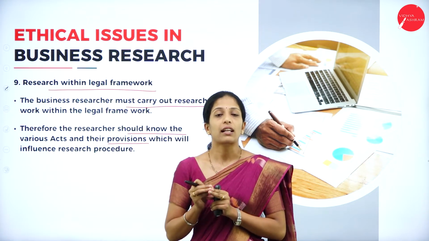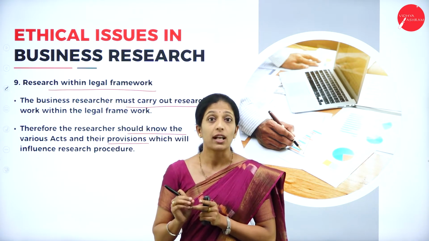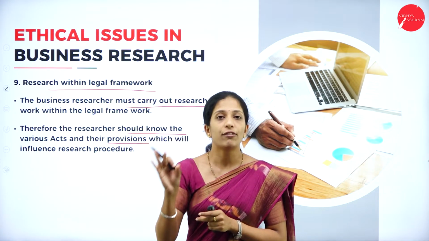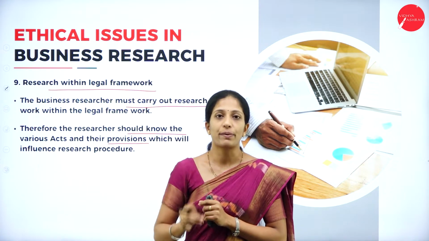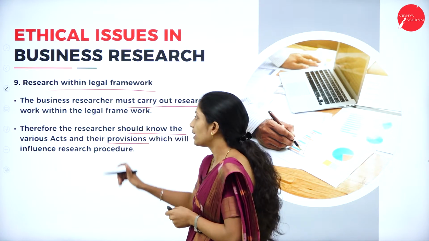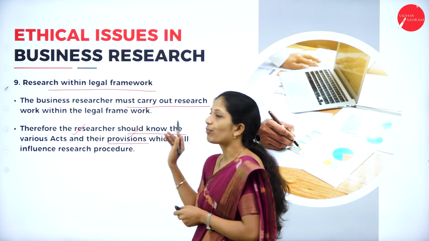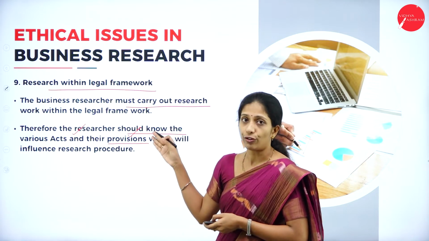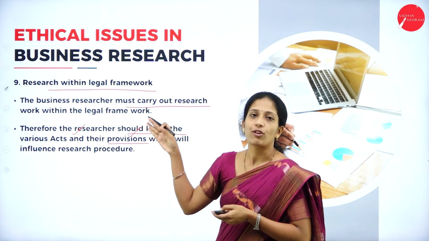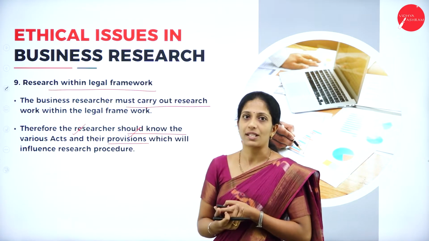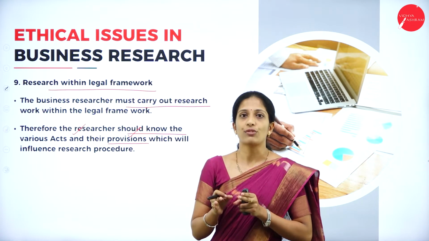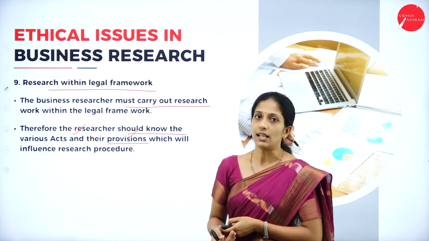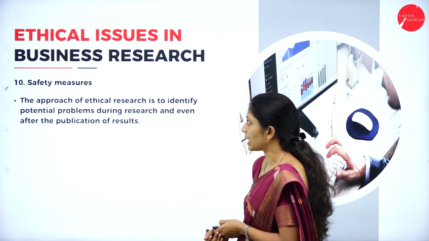Suppose he wants to collect information on a particular topic, then he has to know the legal framework involved in that topic, that is, all the acts as well as the provisions relating to it. If he doesn't follow, then it means what? He is following unethical issues of business research. So he has to follow them, and then conduct the business research activity.